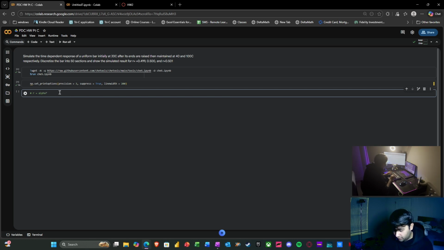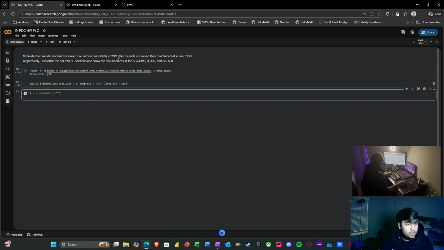Alpha times dt divided by dx squared. So there's our R, and as shown in our problem statement, we're going to have our R equal to 0.499, 0.5, and 0.501 to see their comparison.